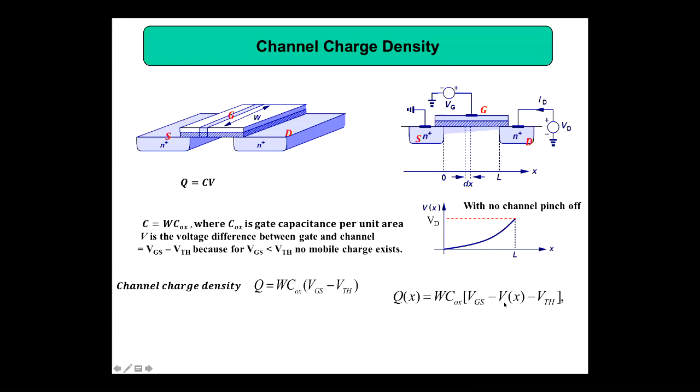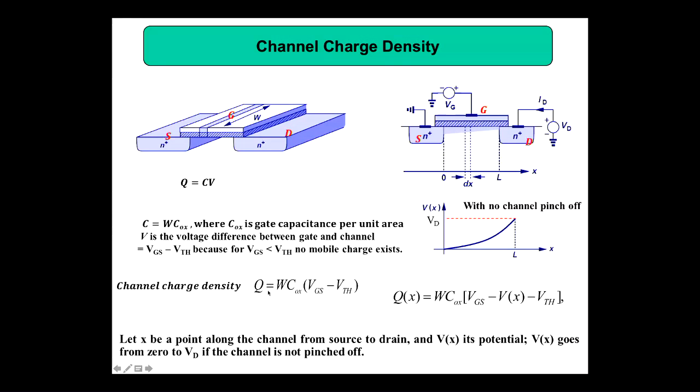To understand, put VX equal to 0: at the source, the value of VX is 0, and at the drain end, VX is VD. So we get the varying channel charge density using this equation when we add this VX. That is the reason we added VX, to take this slope into account.